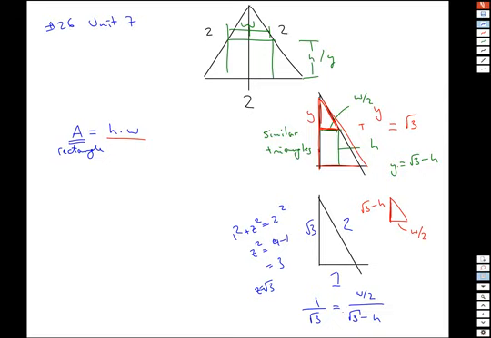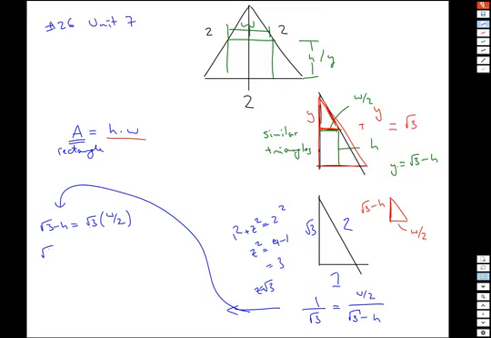That gives us an equation. We can solve it any way we like. I would be tempted to just get everything up onto the main line. So we'd have, let's bring it over to here. Root 3 minus h is the same as root 3 times w over 2. And it's probably easiest actually to solve for w here.